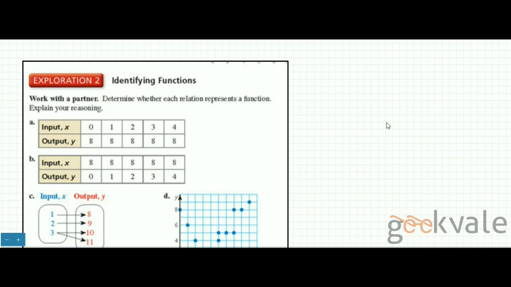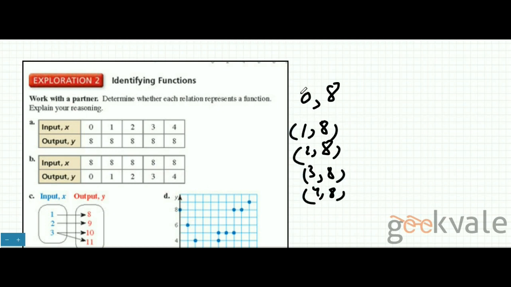For example, if you look into the first one, A, all the inputs are mapping to one output, 8, right? If you write them down in the form of ordered pairs, you will see that for 0 it's 8, for 1 it's 8, for 2 it's 8, for 3 it's 8, for 4 it's 8. These are all the ordered pairs I got.